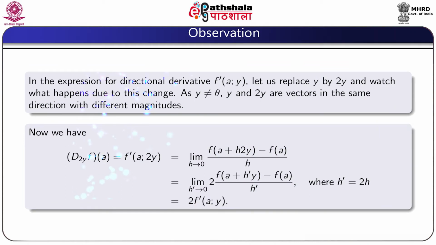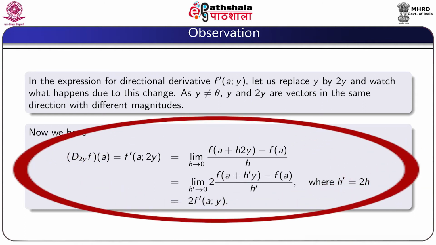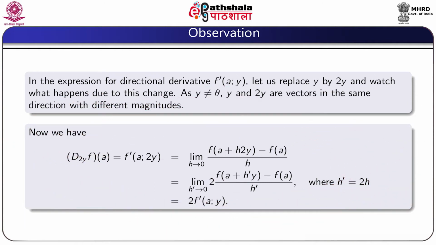Now, in the definition of the directional derivative f dash (a, y), let us replace y by 2y and watch what happens due to this change. As y is different from the 0 vector, y and 2y are vectors in the same direction, but their magnitudes are distinct. So, we are going to calculate f dash (a, 2y). So, this will be the limit of f(a plus 2hy) minus f(a) by h as h approaches 0.